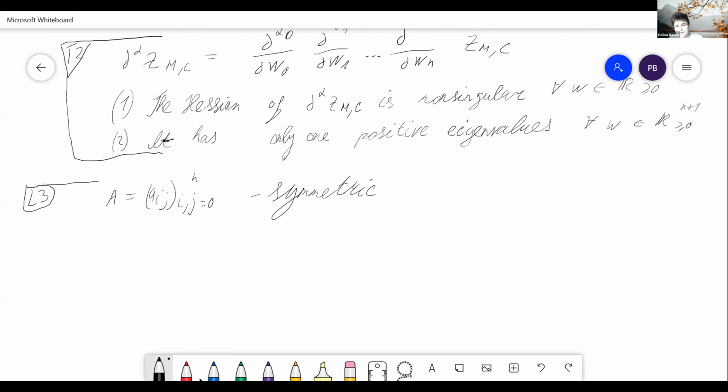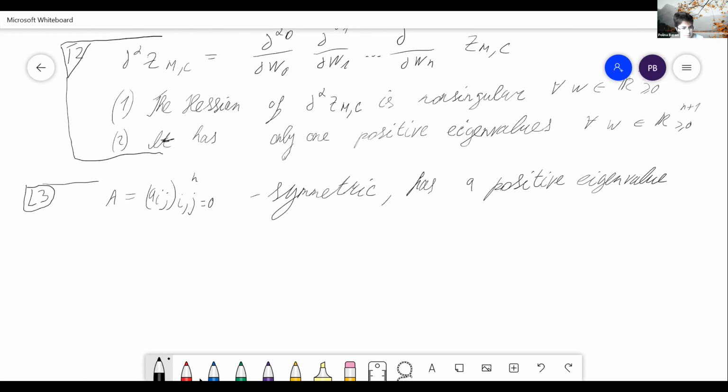And we suppose it has a positive eigenvalue. Not necessarily one.